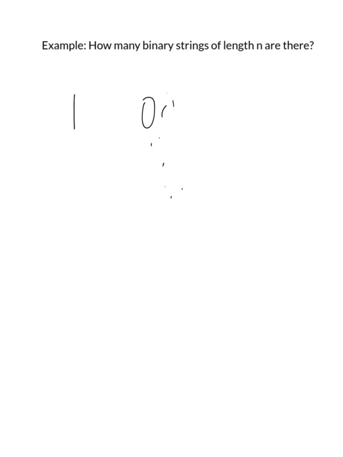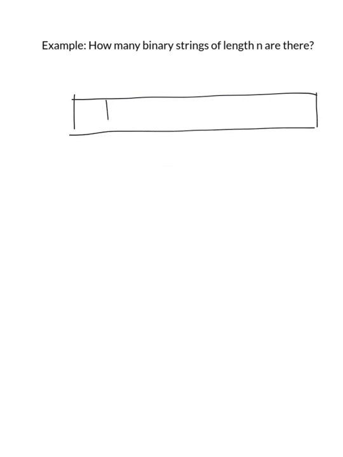I will draw the string like the following. Again, I number the positions of the string because we have n letters, we have n positions. So I say this is position 1, position 2, position 3, and position n minus 1.